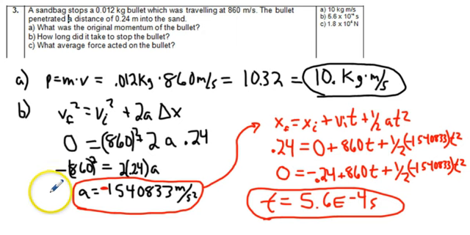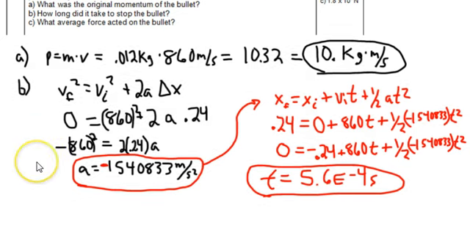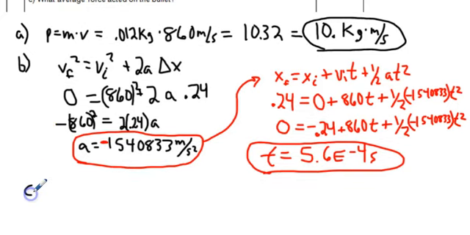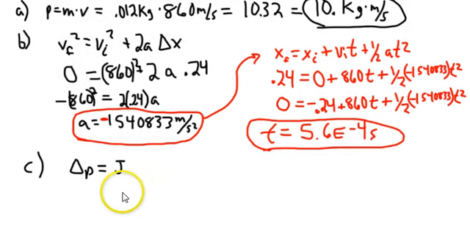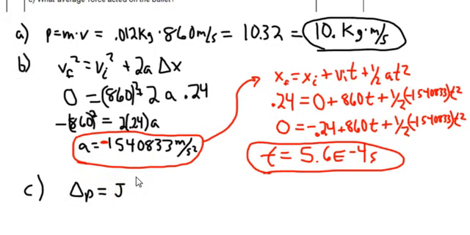Alright, and on to part C. What is the average force that acted on the bullet? This is back to the realm of fairly easy stuff for us to do. So what you need to realize is that the change in momentum equals the impulse. I think we use a J for impulse in AP physics, but we might use an I, and I can't remember, so just know that that's the change in momentum and that's the impulse.